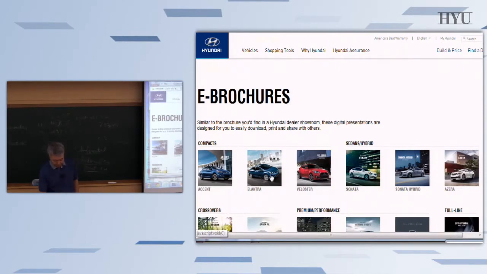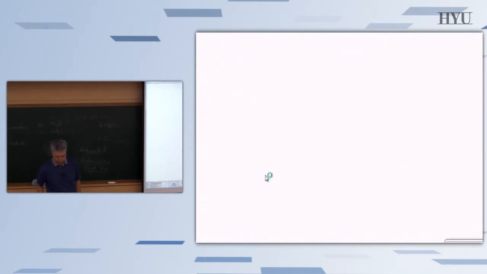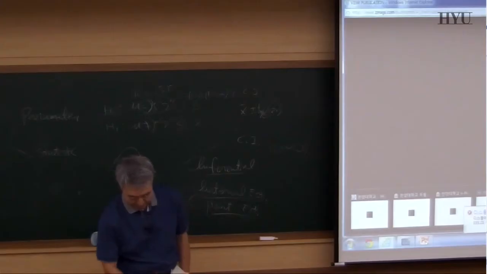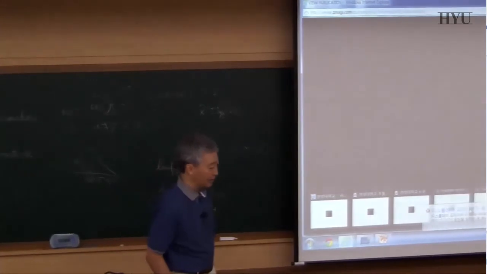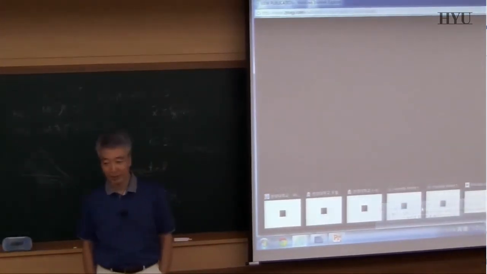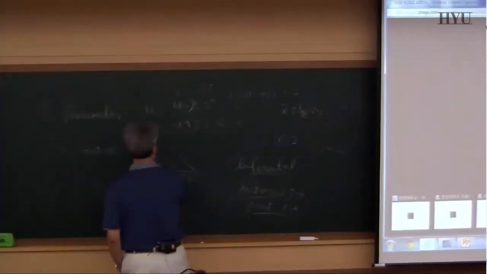But this is the new brochure for the 2016 model. I see that they changed their claim from 40 miles per gallon to 38 miles per gallon. So what could have been happening?